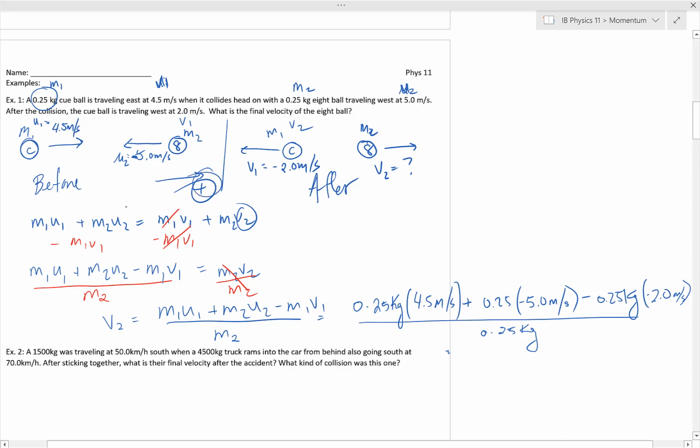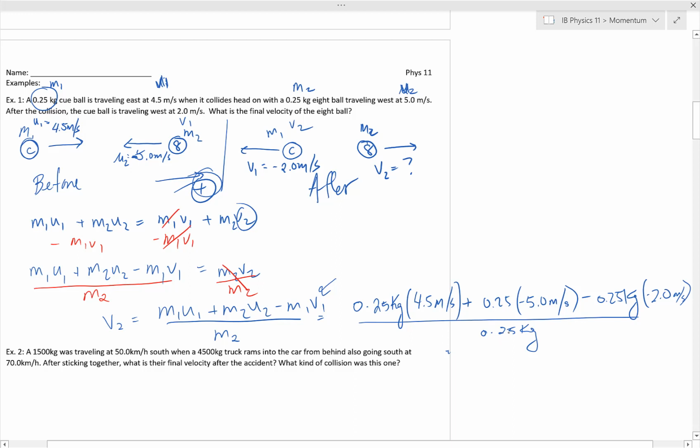The 8 ball, mass 2, was traveling west, that's in the negative direction, and then after the collision, velocity 1 of the cue ball is going backwards west, so that's a negative 2 meters per second, all of that divided by the mass of the second ball, which is the 8 ball.